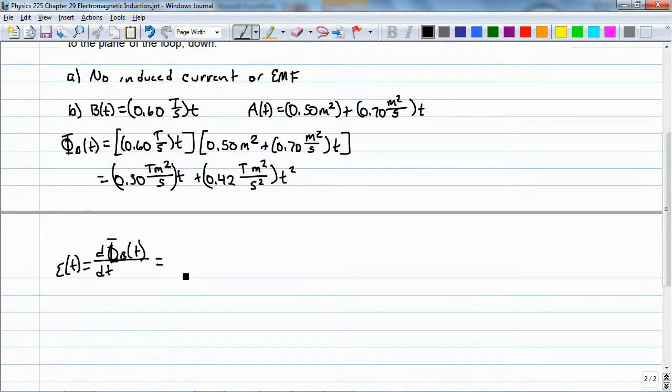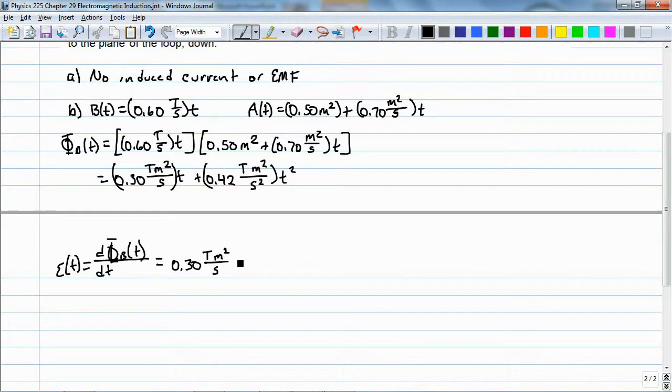And this part's easy because it's just t, so it's going to be 0.30 Tesla meter squared per second.